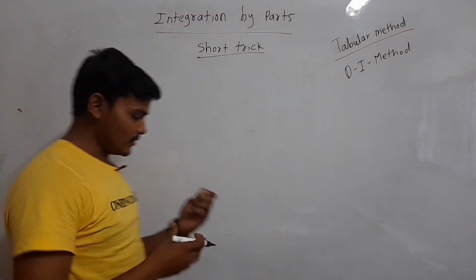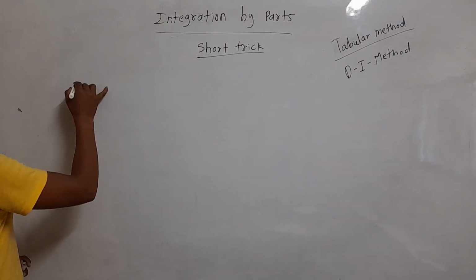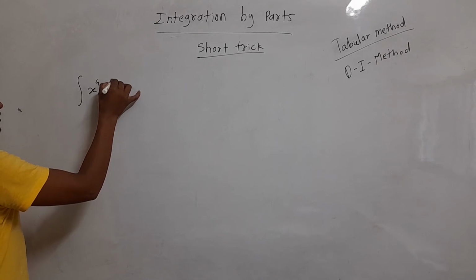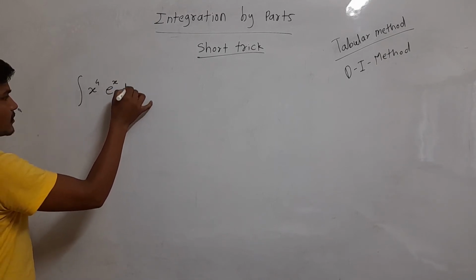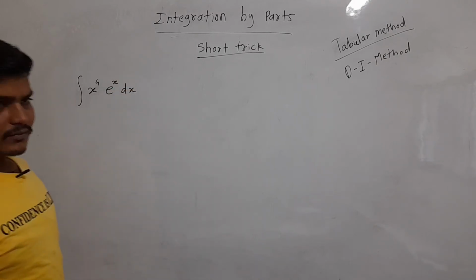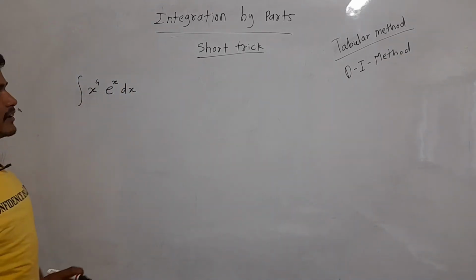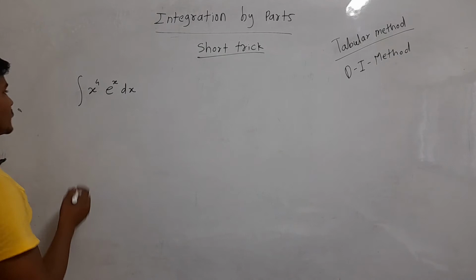Now the third example: x raised to 4 into e raised to x dx. Again we differentiate the polynomial function and integrate the exponential function.